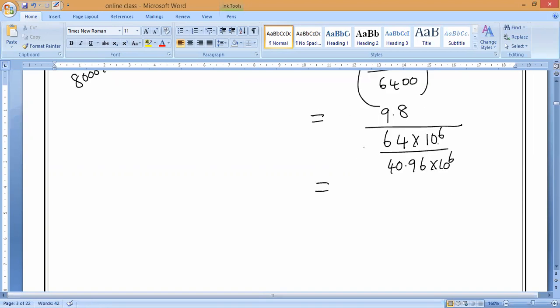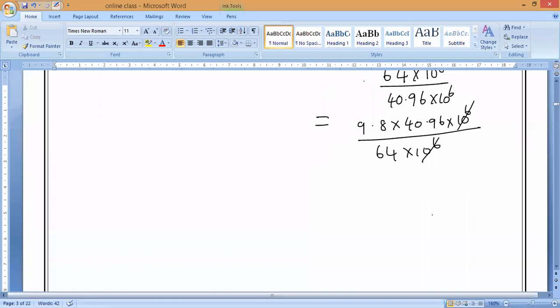So everybody do it till here. Now it will turn into 9.8 into 40.96 into 10 power 6 divided by 64 into 10 power 6. So 10 power 6, 10 power 6, anyhow it is going to get cancelled. Now if you do it, you will get the answer.